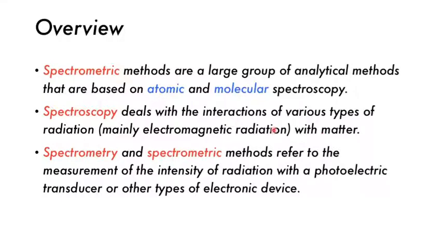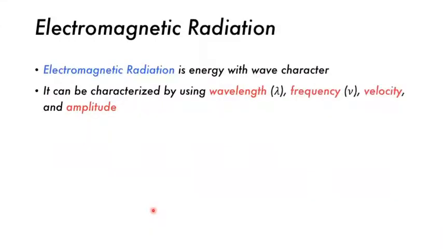Spectroscopy deals with the interactions of various types of radiation, mainly electromagnetic radiation, with matter, and spectrometry and spectrometric methods refer to the measurement of the intensity of radiation with a photoelectric transducer or other types of electronic device. So that was what we covered in our overview earlier. Let's talk a little bit more about electromagnetic radiation.